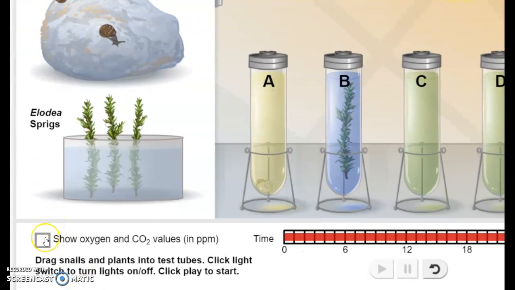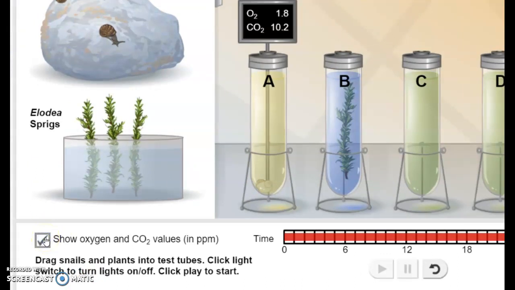So we're going to select this box, Show Oxygen and CO2 values in ppm. ppm stands for parts per million. So here we see the oxygen is at 1.8 parts per million, and the carbon dioxide is at 10.2 parts per million. That's test tube A.